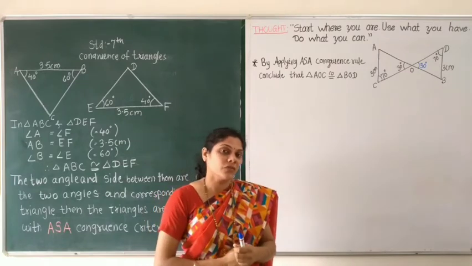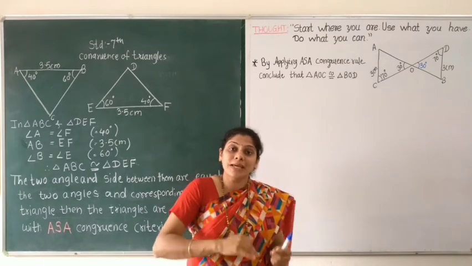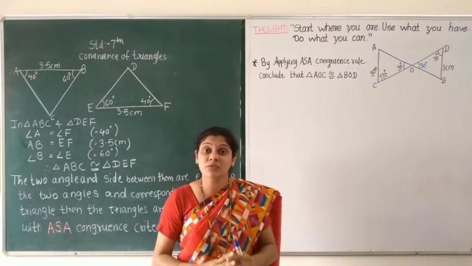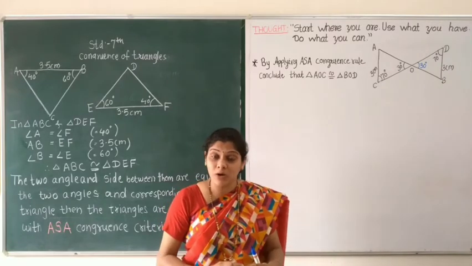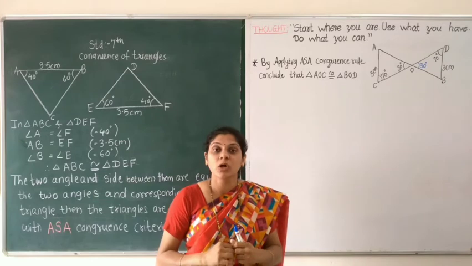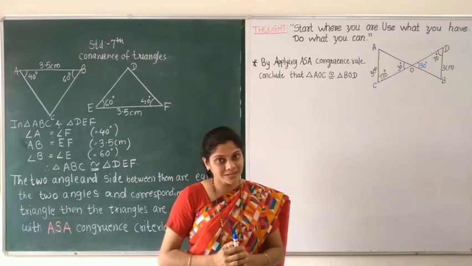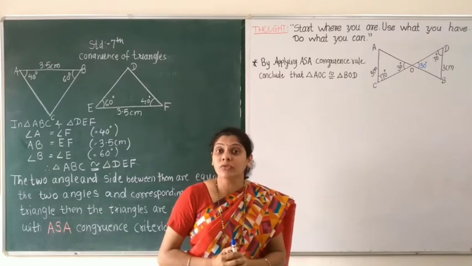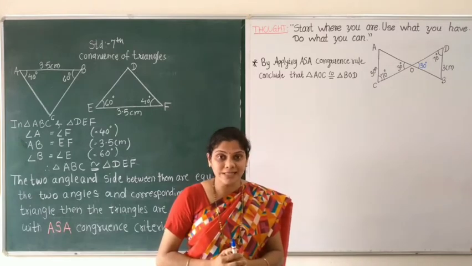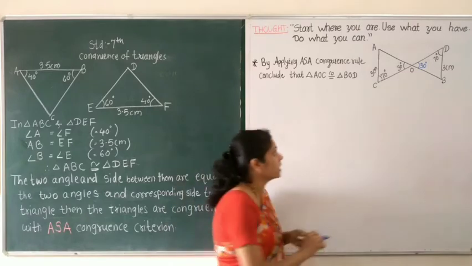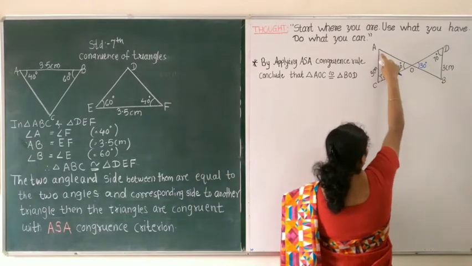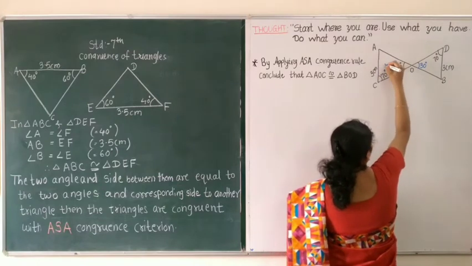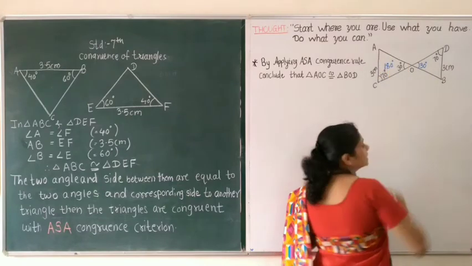So what can we find out? We can find the measurement of an angle because it is easy, because we know the rule to find the measurements of angles. What is that rule? We know that the sum of the measurements of all angles of a triangle is always 180 degrees.